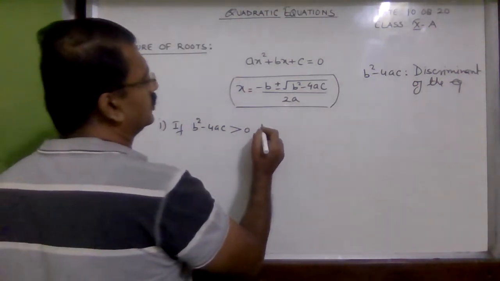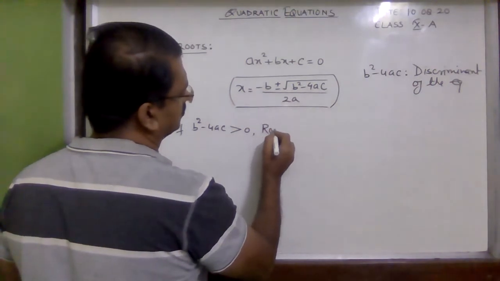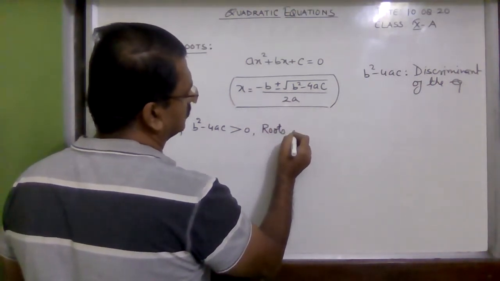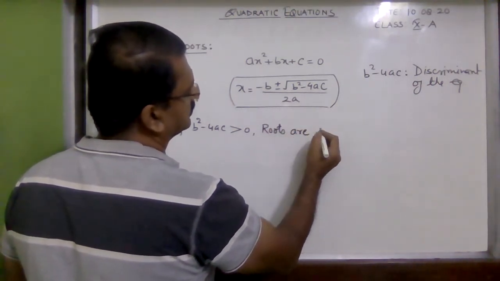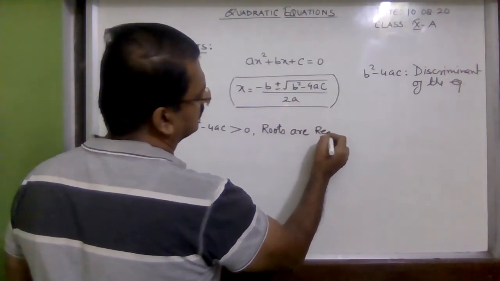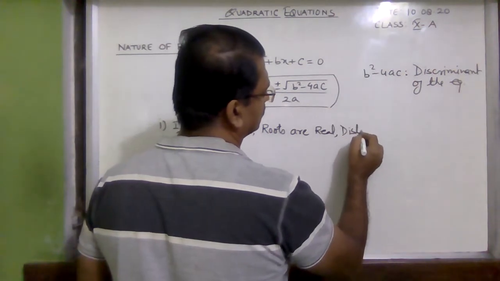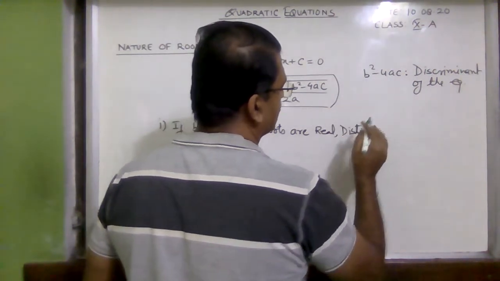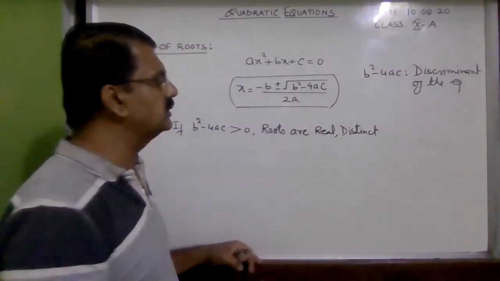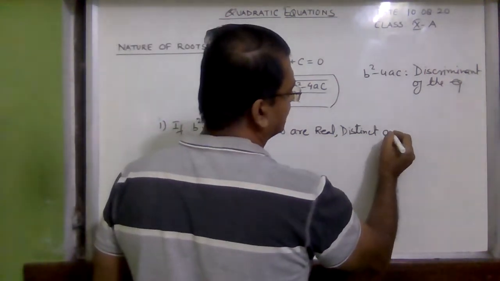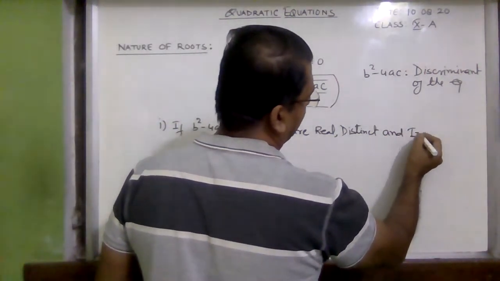So, roots are real, distinct. Distinct roots are also called unequal roots. Real, distinct and irrational.